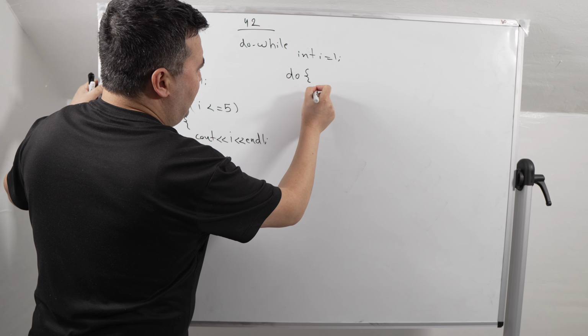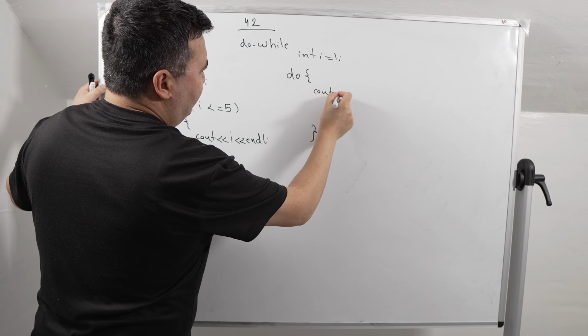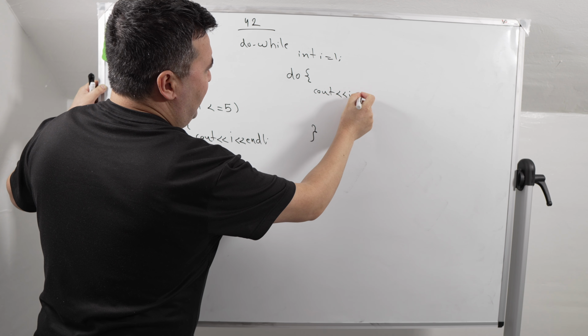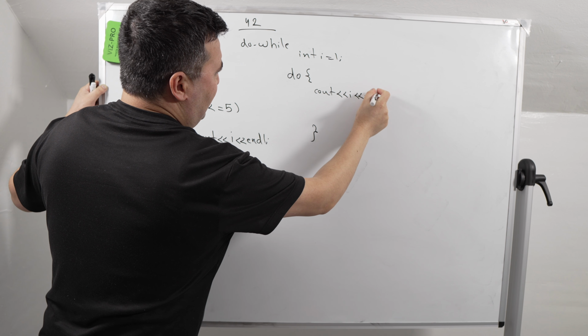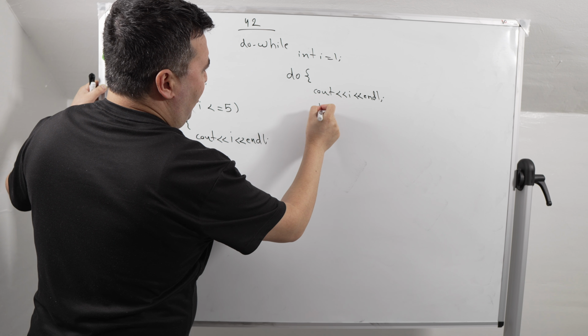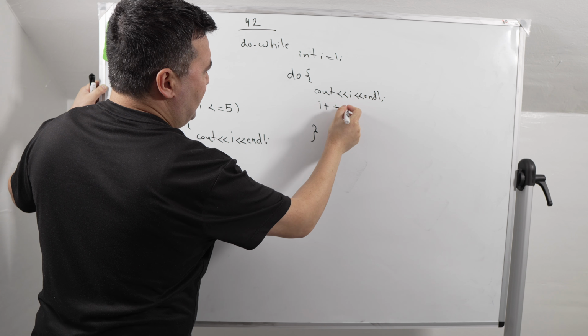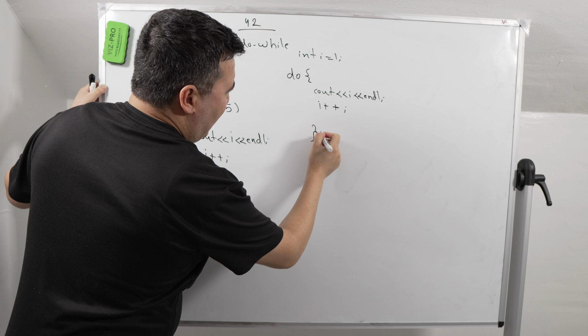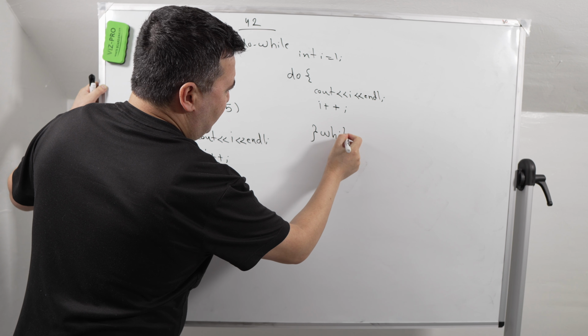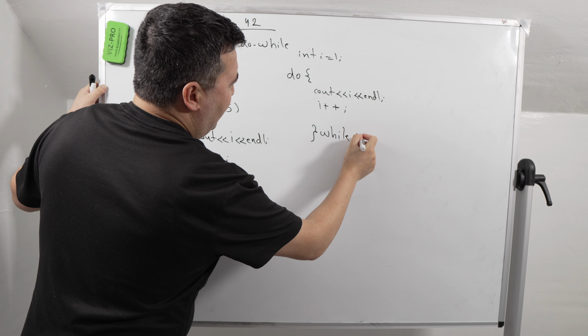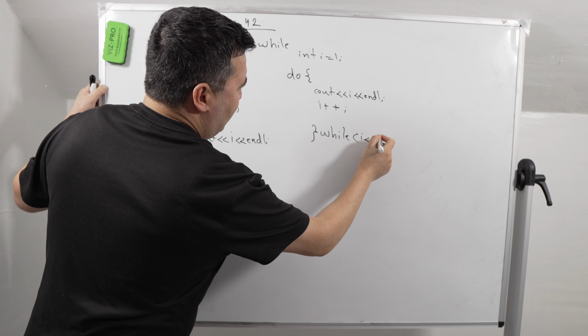Here I write cout i, then endl, and i plus plus with a semicolon, and then at the end we check the condition: while i is less than or equal to 5.